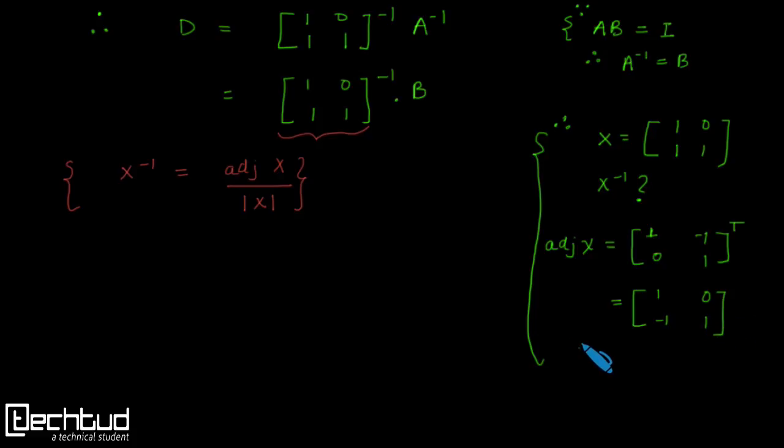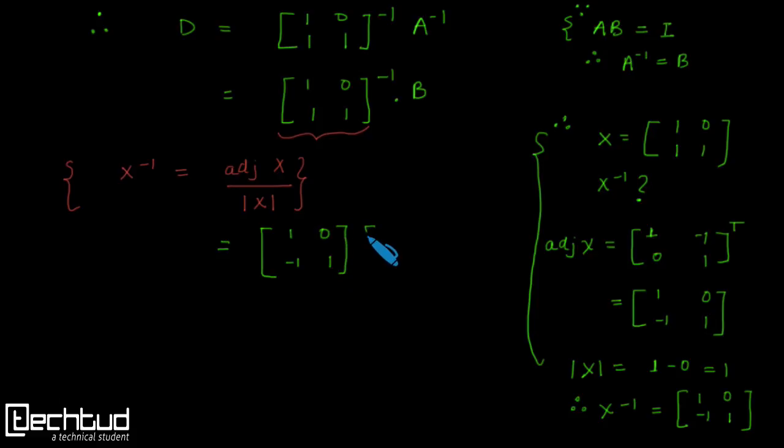And we know that X is given, therefore the determinant of X is equal to 1 minus 0, which is equal to 1. Therefore X inverse is equal to [1, 0; -1, 1]. So we can write here that the inverse of this matrix is [1, 0; -1, 1] multiplied by the matrix B. Matrix B's elements are B11, B12, B21 and B22.